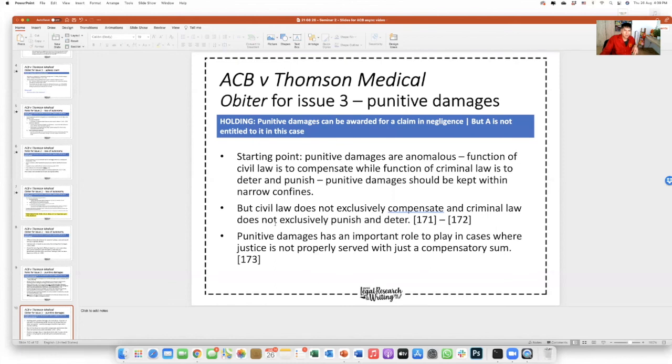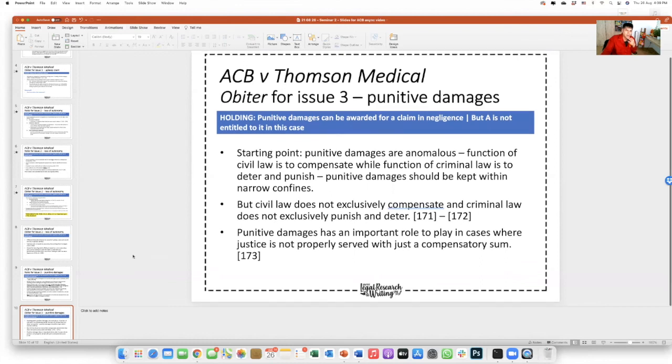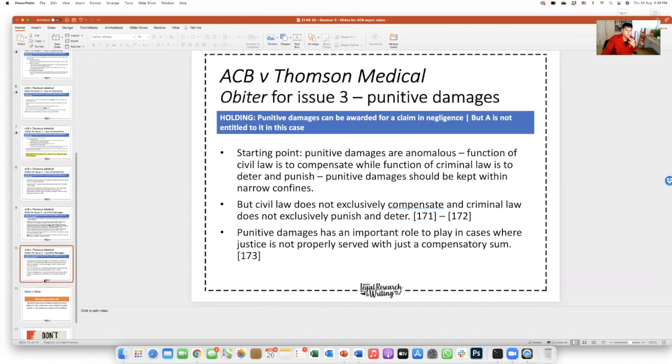All this talk, I think, doesn't directly contribute to the question of whether punitive damages can be awarded in future, or whether this appellant in this case ought to be awarded punitive damages. And because it doesn't contribute directly to the question at hand, it's simply going to be regarded as obiter. All right?